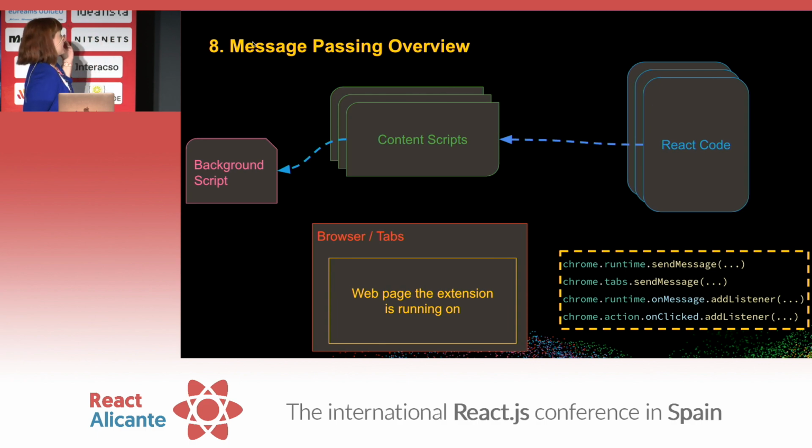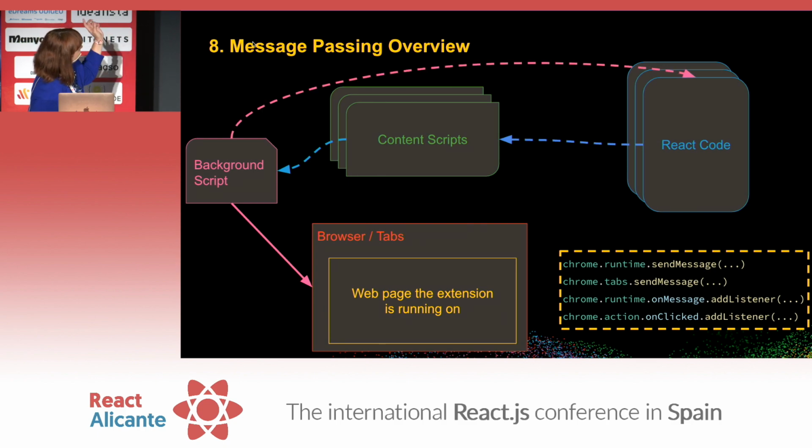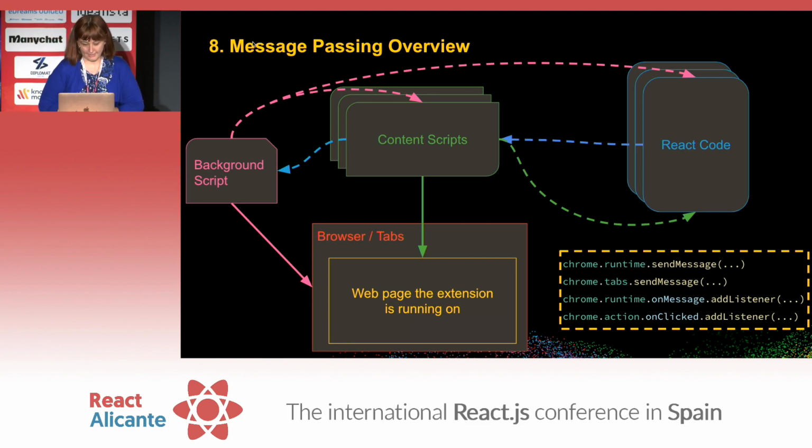Content scripts can send messages to background scripts. Background scripts can take browser-level actions. And they can also communicate both with the React code and with the content scripts. The content scripts take website actions, like actions on the website that the extension runs on. And they can also communicate back with the React code.